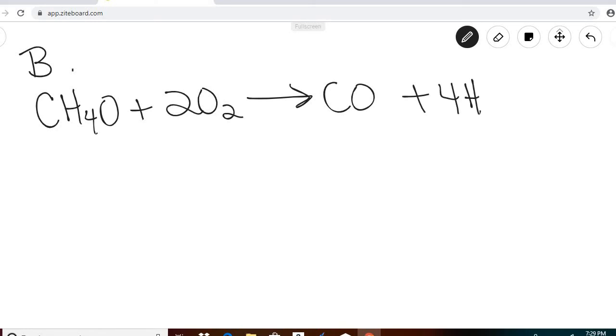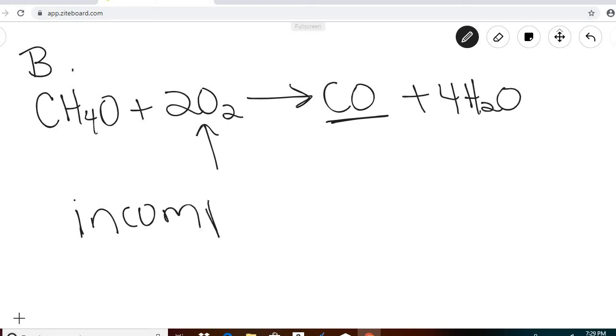Okay, so you should recognize right away that this is a combustion reaction because we're adding oxygen. However, instead of ending up with carbon dioxide, we end up with carbon monoxide. So that tells us there's insufficient oxygen in this combustion reaction, and so this is an incomplete combustion.